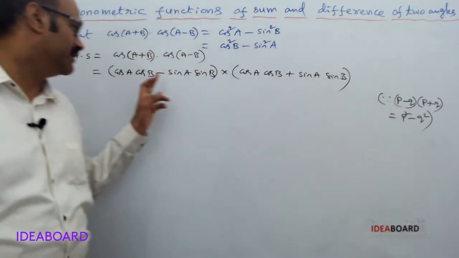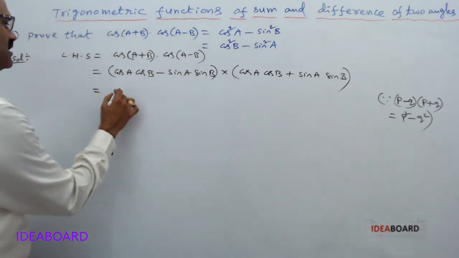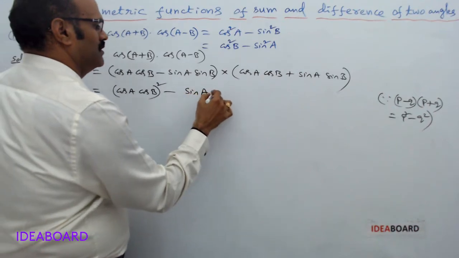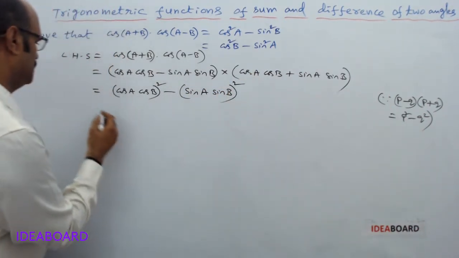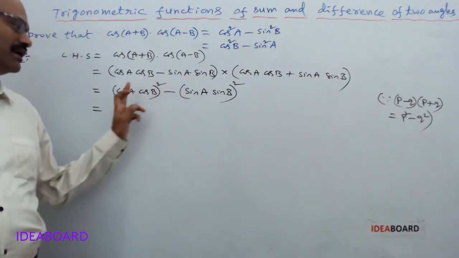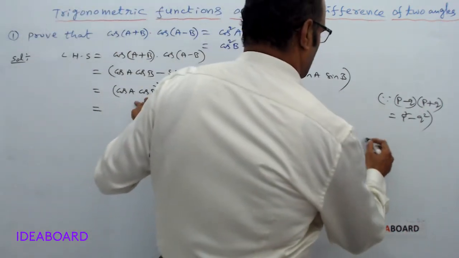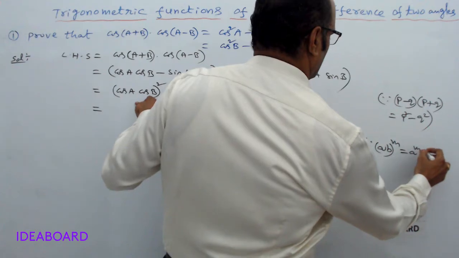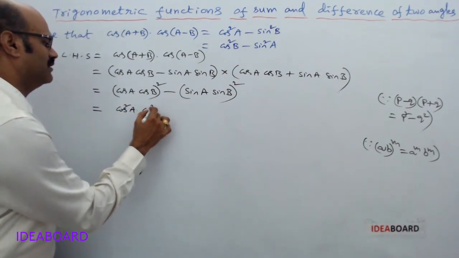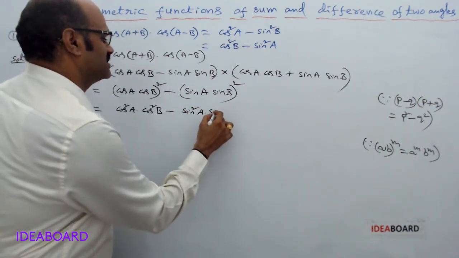By applying this formula, here it's P and it's Q, so we can take it as (cos A cos B) whole squared minus (sin A sin B) whole squared. Now (AB)^m equal to A^m B^m, so by using that formula we can write it as cos² A cos² B minus sin² A sin² B.